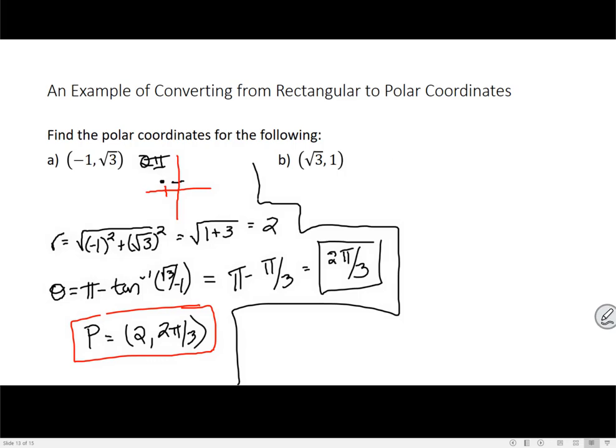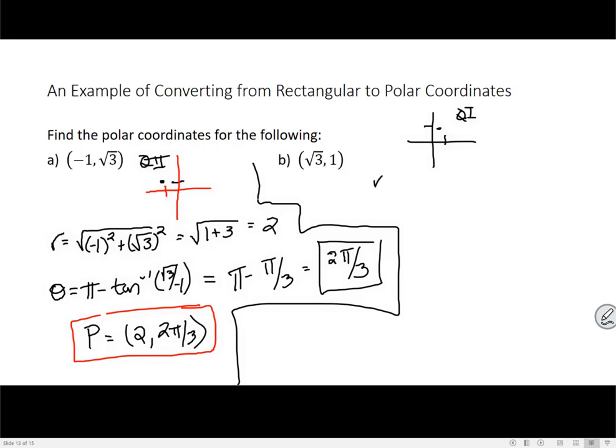So square root of 3, positive 1 is square in the middle of quadrant 1. So this is going to be a positive angle. That's positive x value, positive root 3, and positive 1 for my y. So we are in quadrant 1.